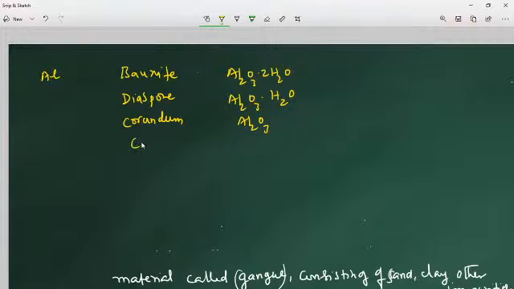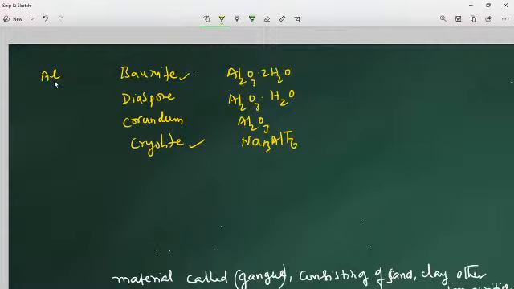Cryolite is most important, Na3AlF6, a mixture of sodium fluoride and aluminum fluoride. Of these, bauxite and cryolite are the most important minerals of aluminum.